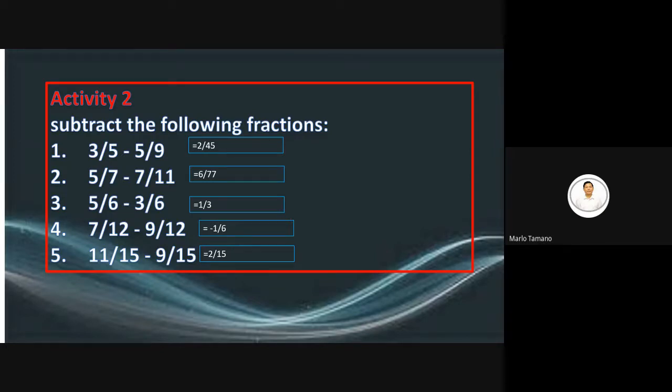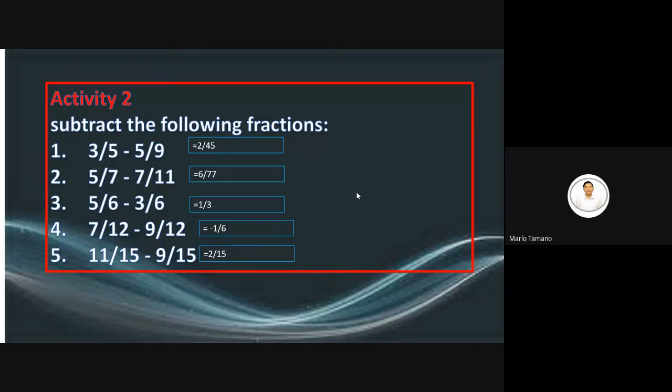So, how to add dissimilar fractions naman po? You can apply the two methods. So, what are the two methods that we have? The first one is what we call the cross multiplication, butterfly method.